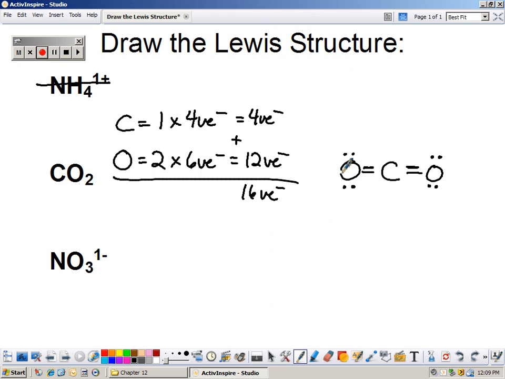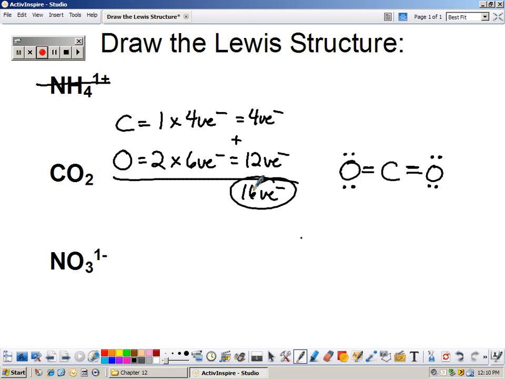And now let's see where we stand. How many electrons do we have in our Lewis structure? We've got 2, 4, 6, 8, 10, 12, 14, 16. So we still have our 16 valence electrons that we had to work with. Now we have to make sure each element meets the octet rule. For oxygen, you've got 2 lone pairs, so that's 2, 4, and then you've got a double bond, that's 6 and 8.